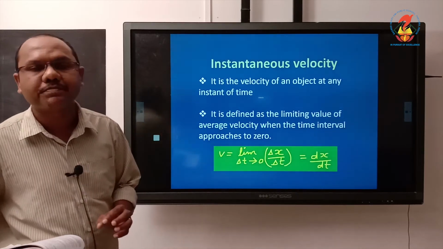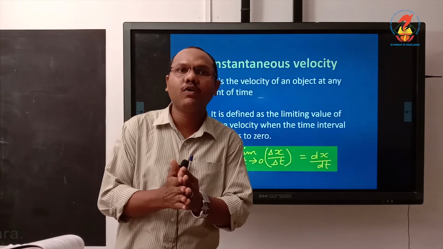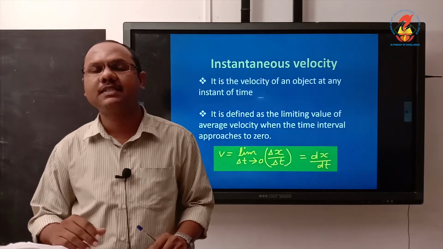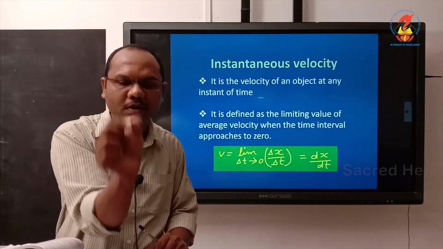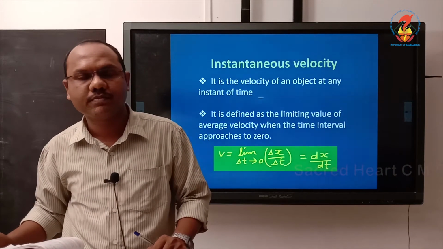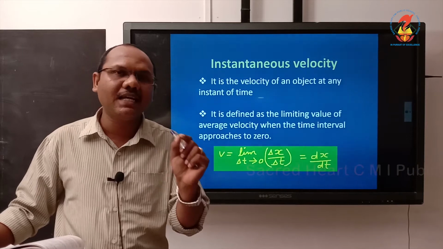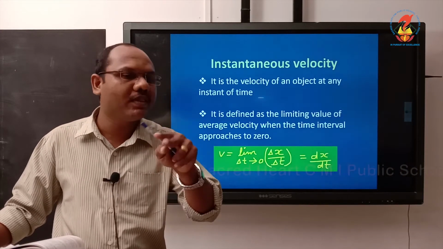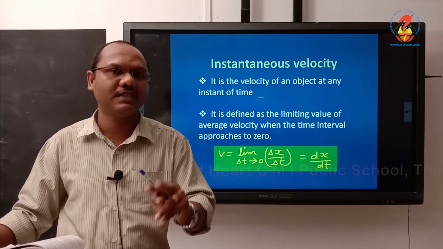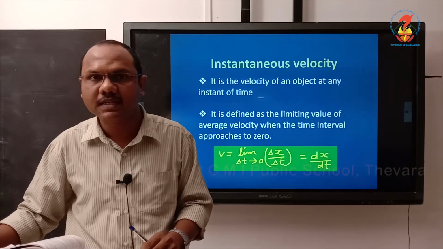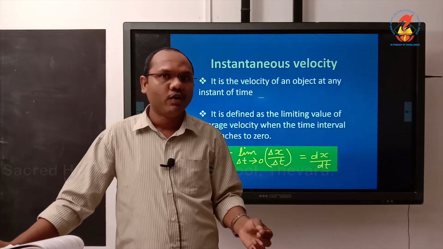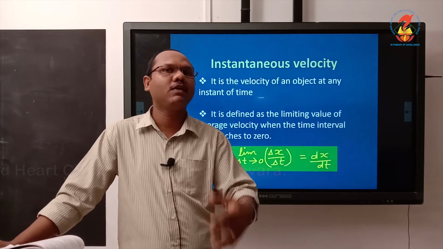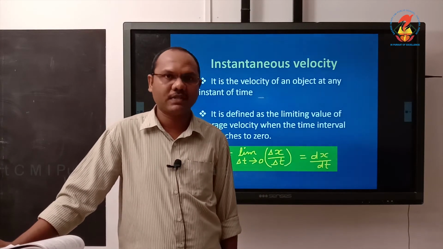That means, see, I told you around 1000 times you must have changed the speed. So what I do is, I will take a small time interval, say for example 1 second each. In that 1 second, you can say the speed is constant, because even if it is heavy traffic, within 1 second the speed of the vehicle cannot change all of a sudden.